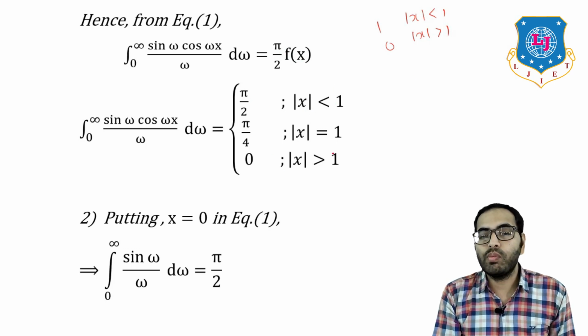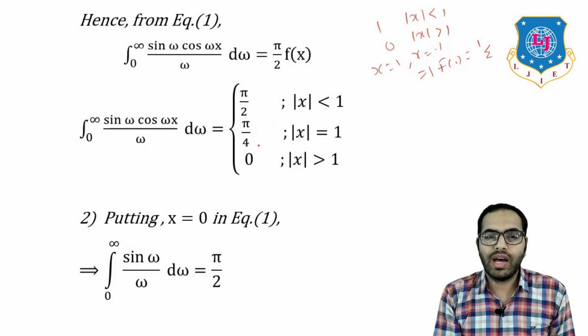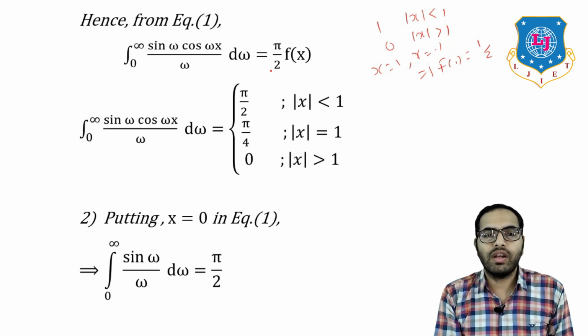If mod x is greater than 1, the function has 0, then 0 into anything is 0. If mod x is equal to 1, meaning at position x equal to 1 and x equal to minus 1, the function has value 1 half, that is pi by 2 into 1 half, that is pi by 4. That is our first calculation, which is proved.